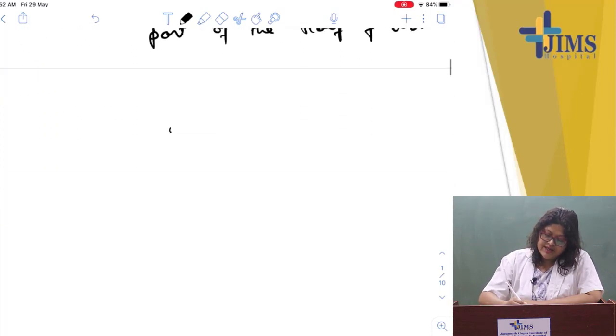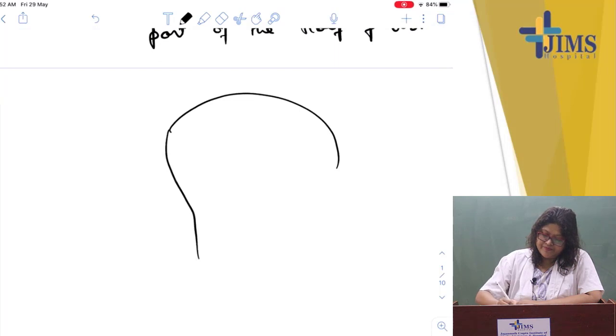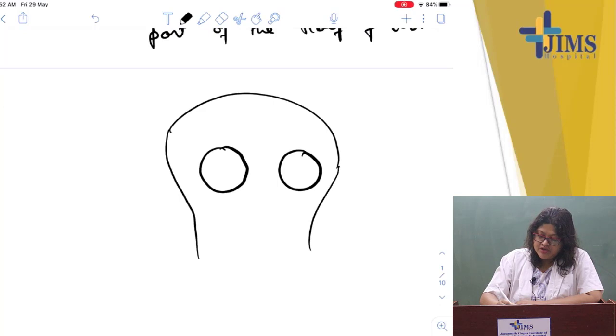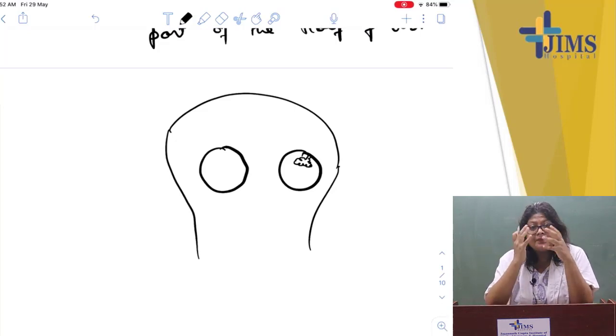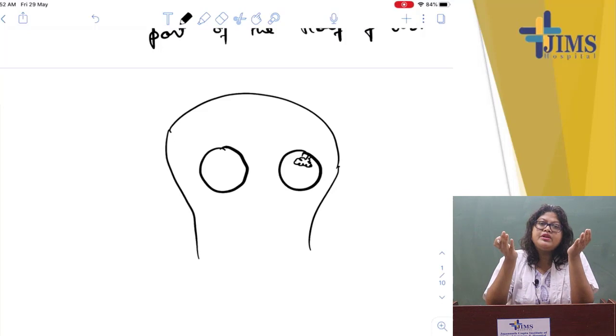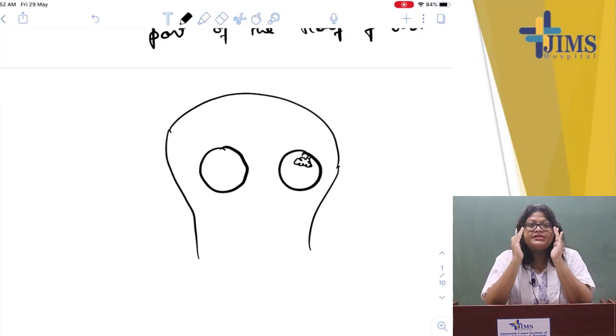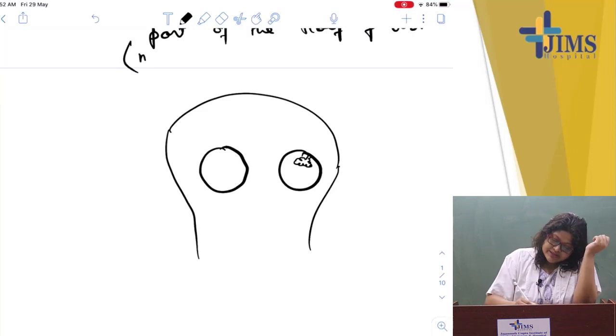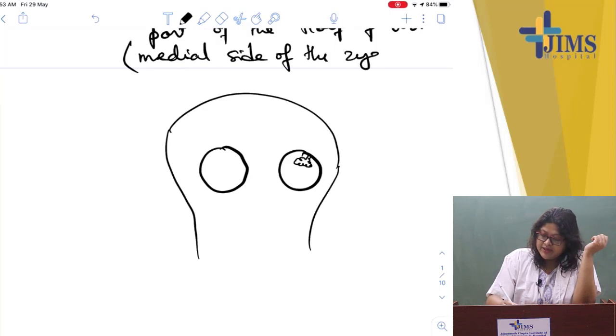If we see, this is the orbit, and the lacrimal gland is somewhere present over here, in the superolateral part. This orbit is made up of bones. When you read the orbit, you will know that on the lateral side there is the zygomatic bone. So the gland is on the medial side of the zygomatic bone.